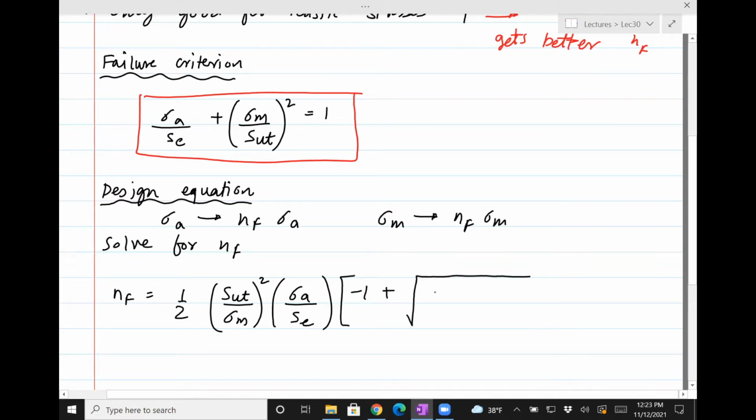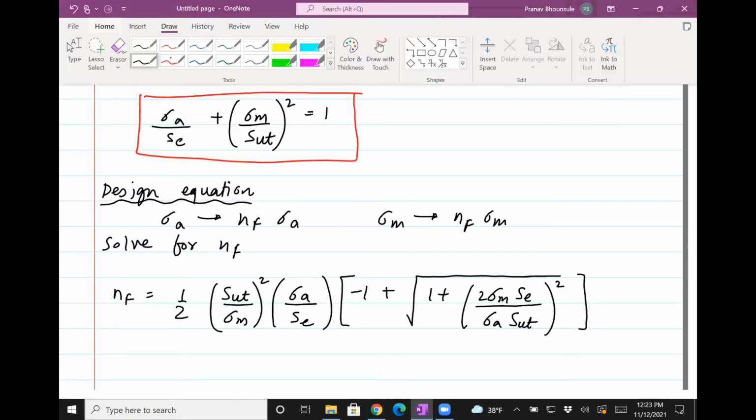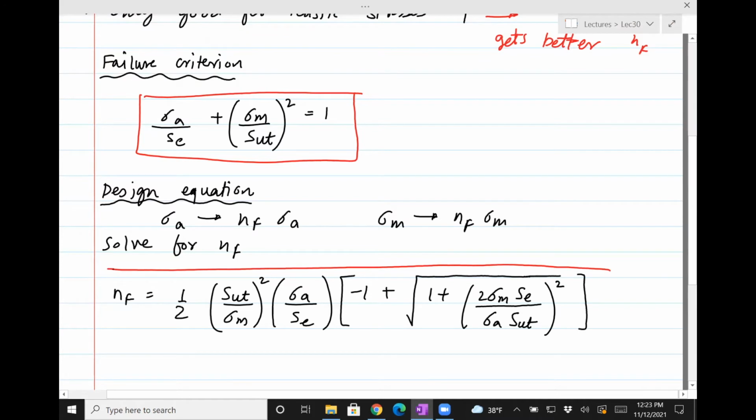So it's 1 plus 2 sigma M SE divided by sigma A SUT, and this should be squared. That's the formula. Sometimes it's easier not to use this complicated formula, but to just put the values in the equation and solve numerically for NF.